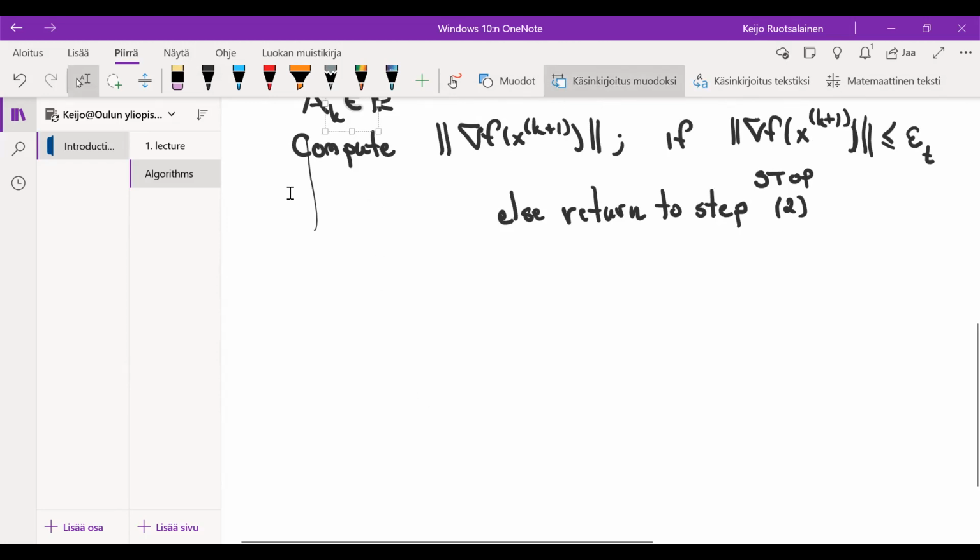So the idea is quite simple. So I have here equicontour lines.